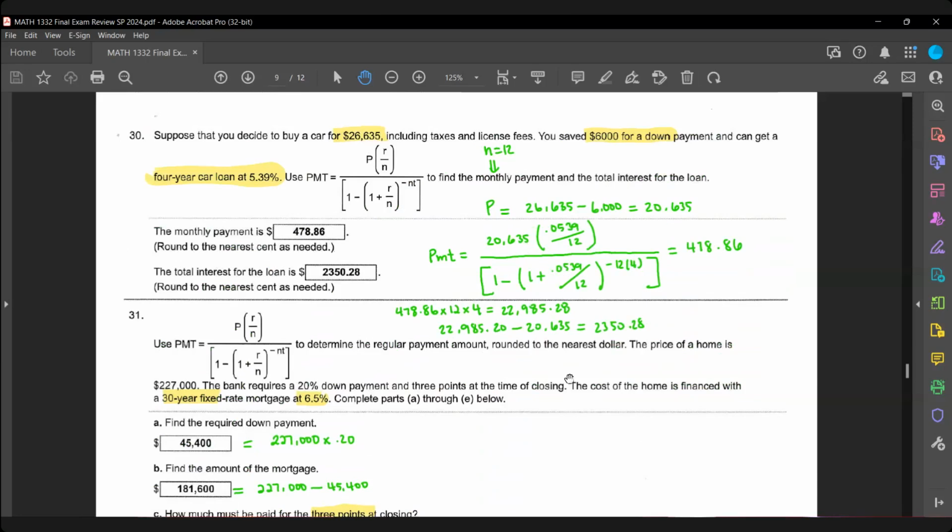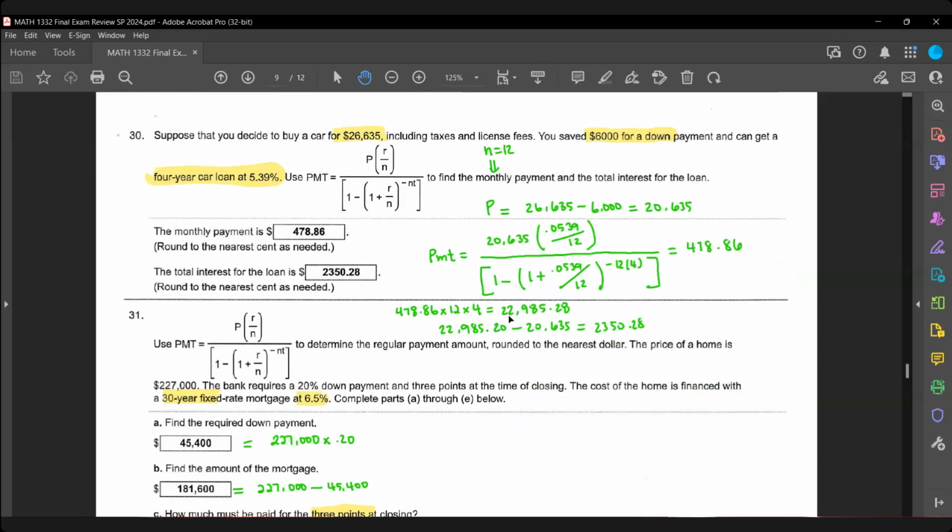Total interest, like the example before: we make $478.86 payments every month, 12 months for 4 years, for a total of $22,985.28.